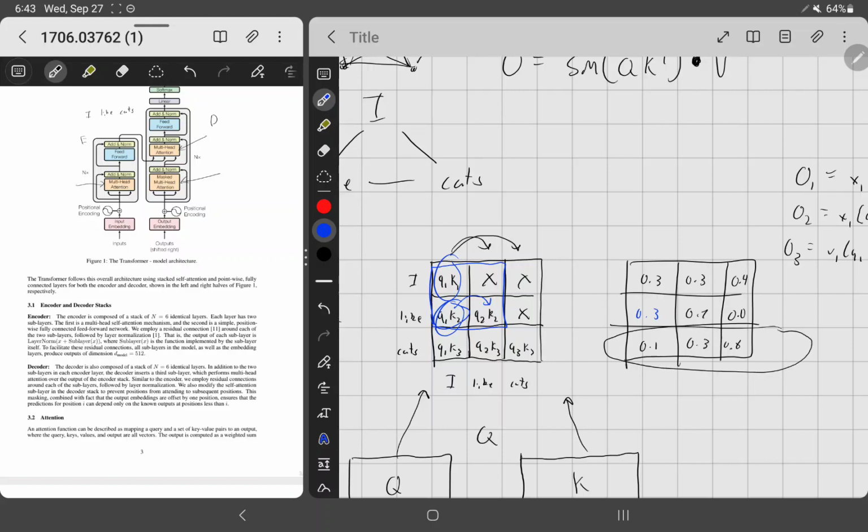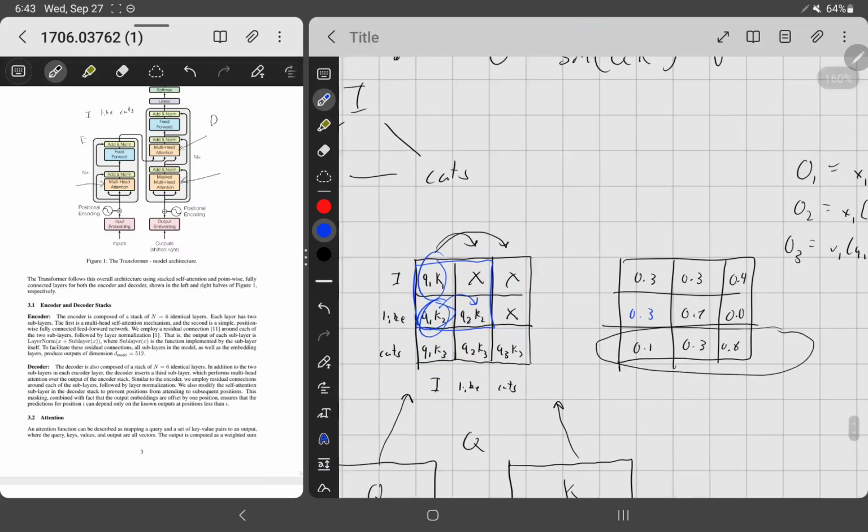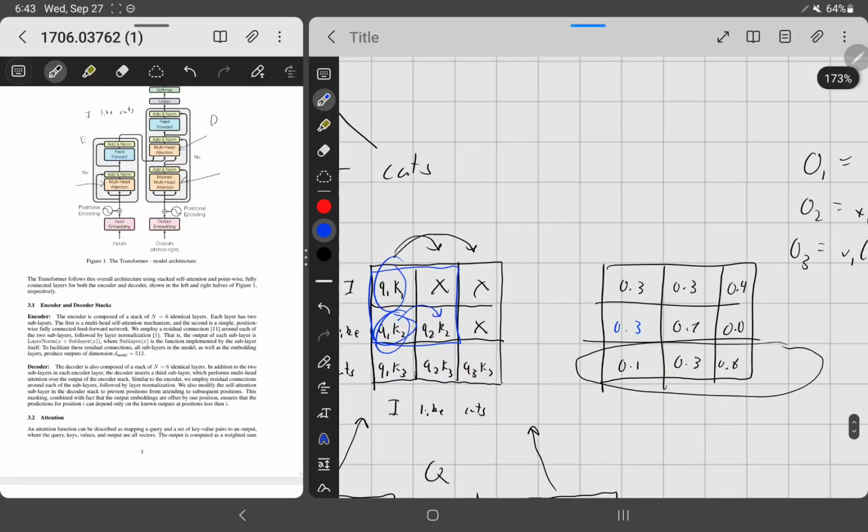And later we can show why this is helpful, because you can parallelize this if you do this upper triangle masking. Kind of how you can think about it is, when you're doing training, you're feeding it sequences so it can learn from those sequences.